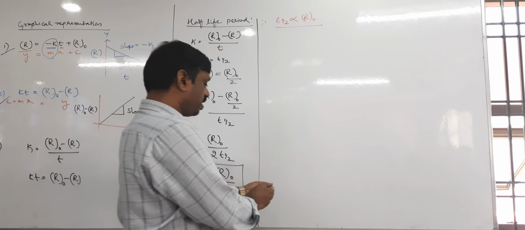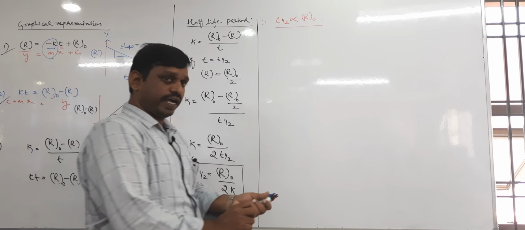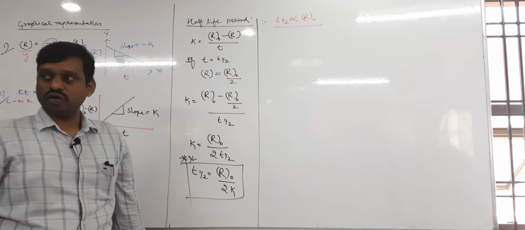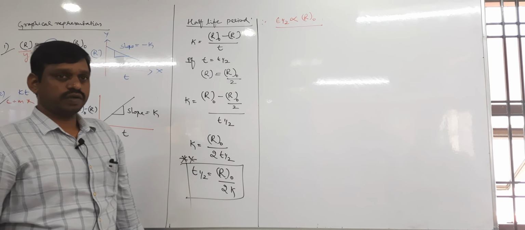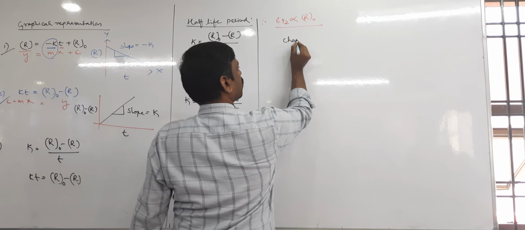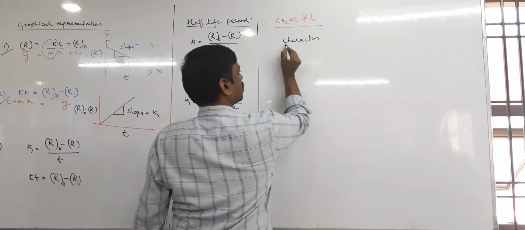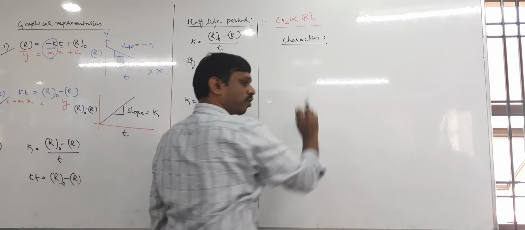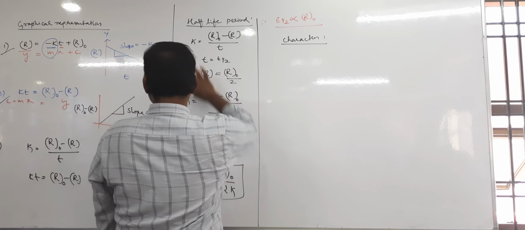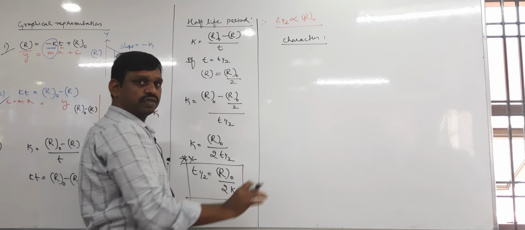So next is characteristics of zero order reaction. Okay, now we'll write all here in short form. You can expect questions from here. The same thing whatever we have studied now will be represented here in a sequence.